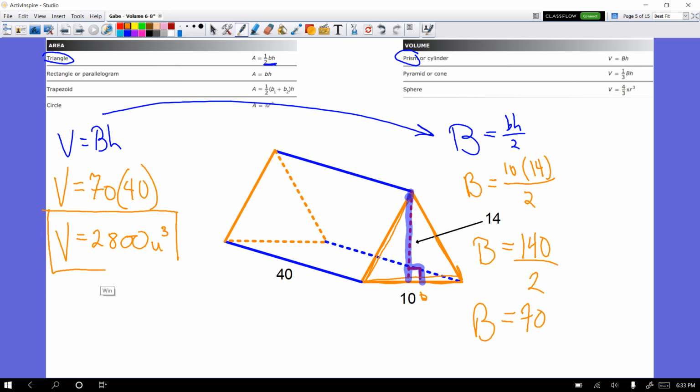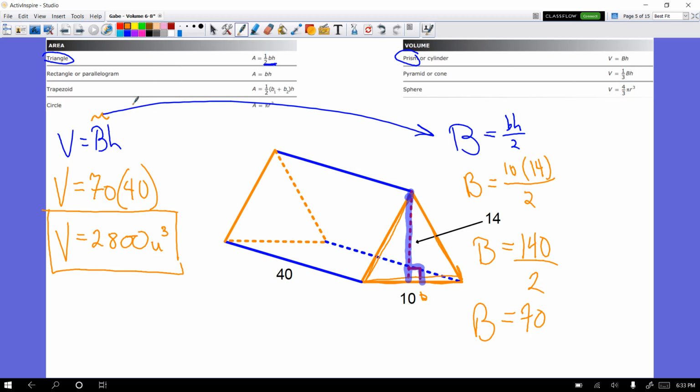So we have 2,800 cubic units, approximately, based on the information that we were given. I'm going to go ahead and use a calculator just to make sure. 2,800. Cool.